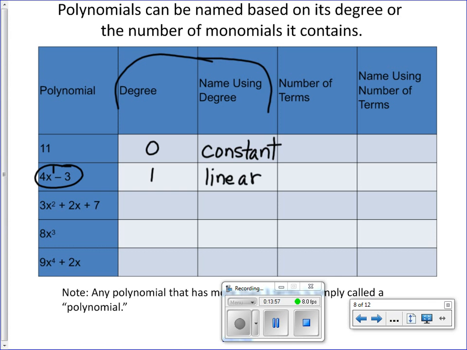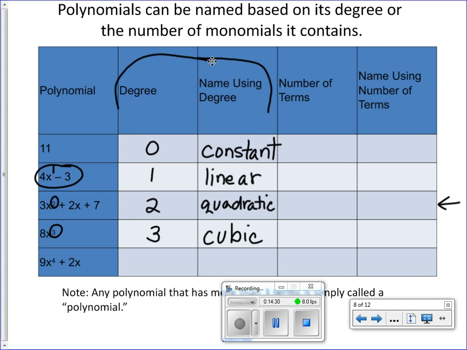All right, in our next example, we have a degree of 2. When you have a degree of 2, that's called a quadratic polynomial. All right, and quadratic is what we're going to be dealing a lot with in this chapter. In the next example, we have 3 as our degree, and that makes it a cubic polynomial.